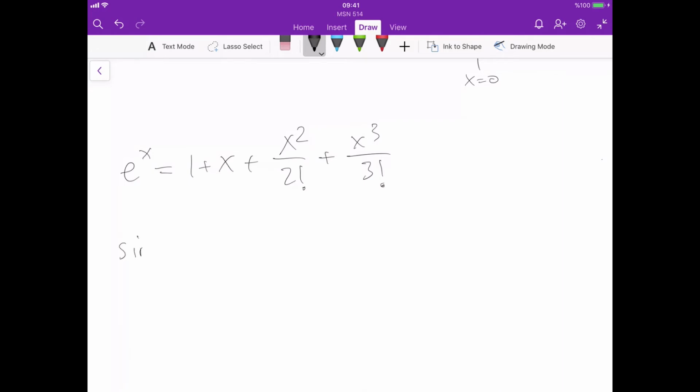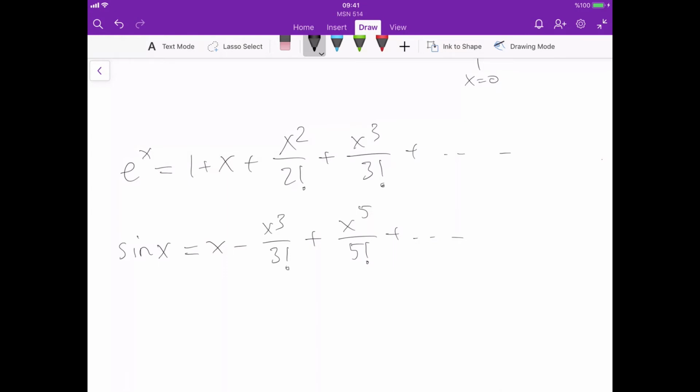What is sine x? It's x minus x cubed over 3 factorial plus x to the 5 over 5 factorial, etc. Do you agree so far?